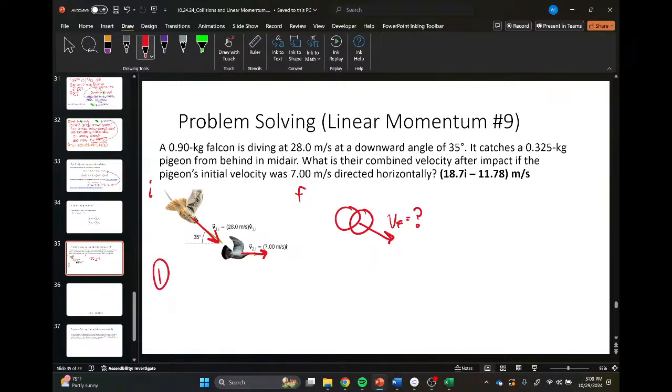All right, so we write down our givens. We have mass 1, the mass of the falcon is 0.9 kilograms. We have mass 2, the mass of the pigeon, that's 0.325 kilograms.